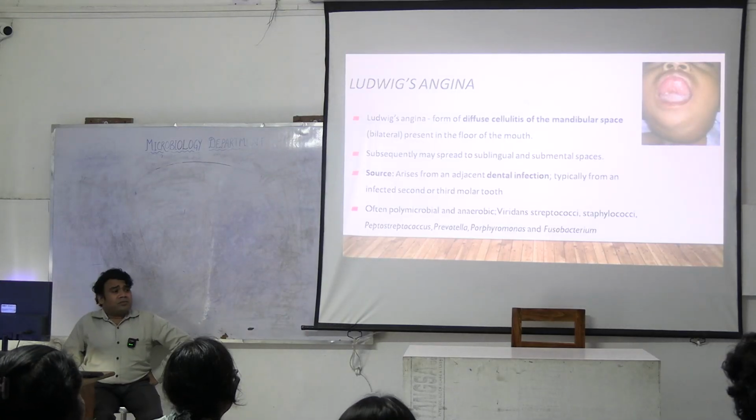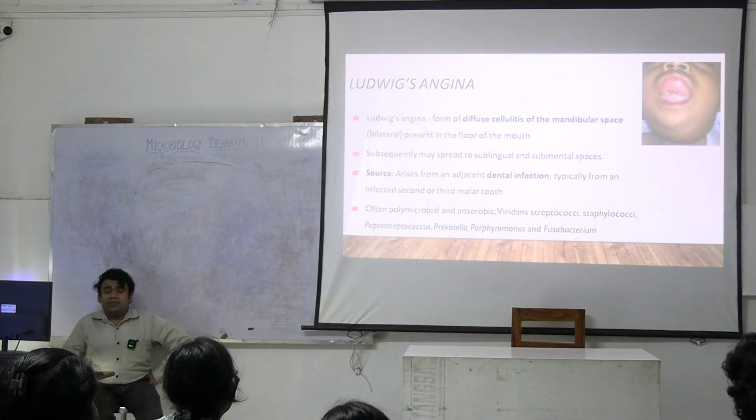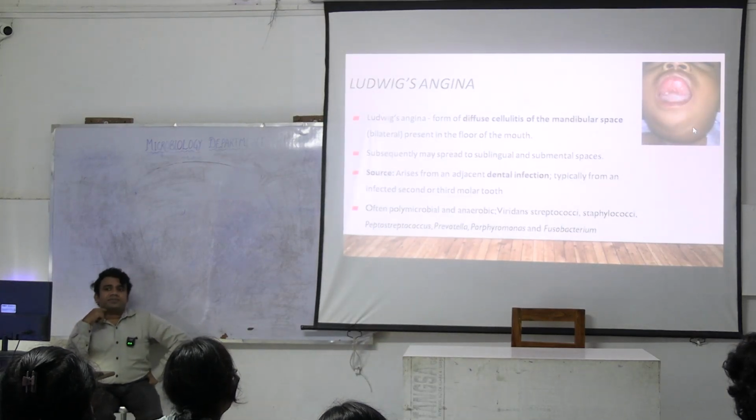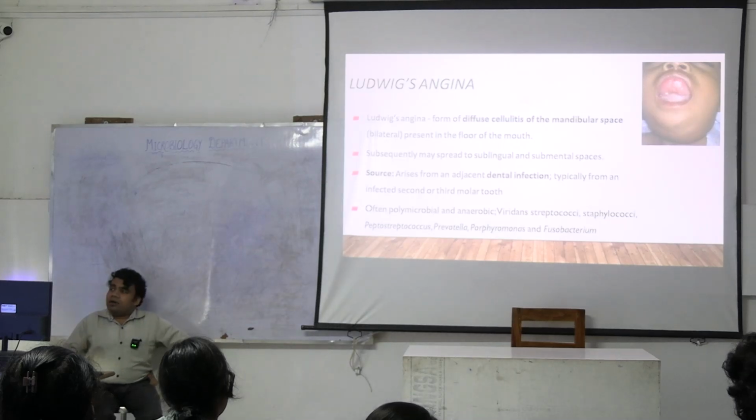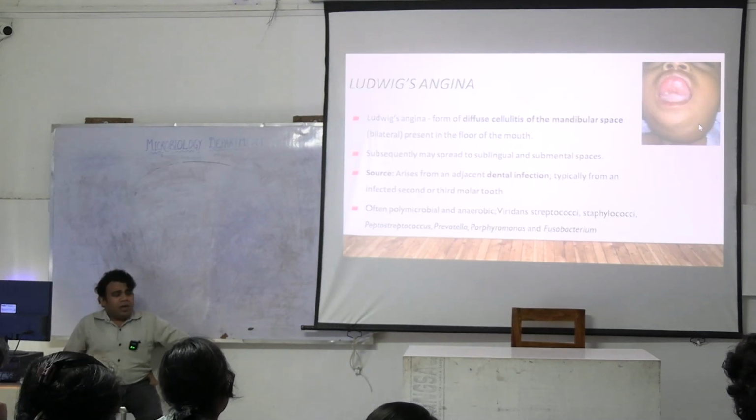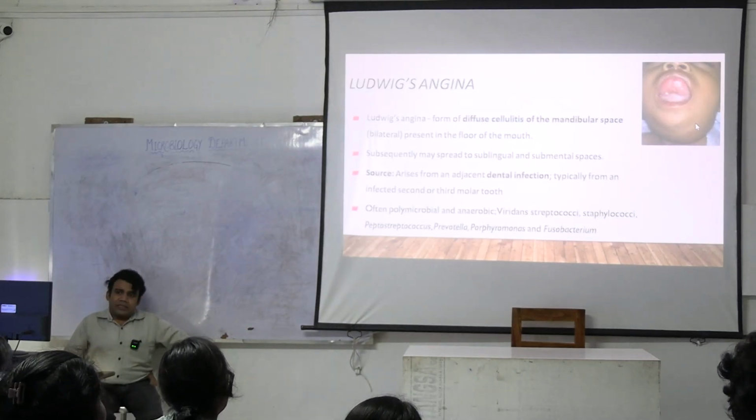The other form of abscess that can be seen is called Ludwig's angina, where the mandibular space, this is the mandibular space. If cellulitis occurs over here, we call it Ludwig's angina. Now, the only difference is that this is below the mandible, and on the mandible we have teeth.